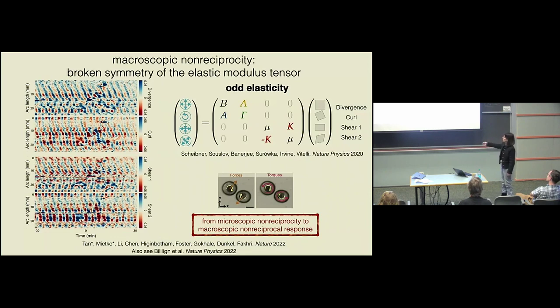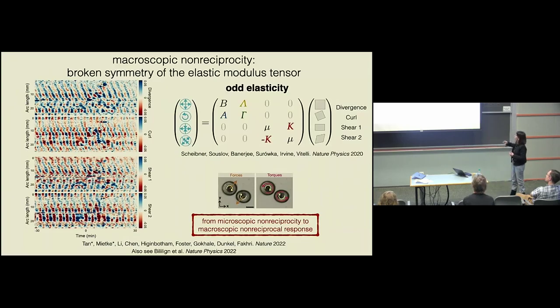But you can also note that they decay, because the color becomes lighter, so there is a decay. And the presence of this was a kind of smoking gun that, because you have this microscopic non-reciprocal interaction within the system, you can actually get a macroscopic non-reciprocal response.